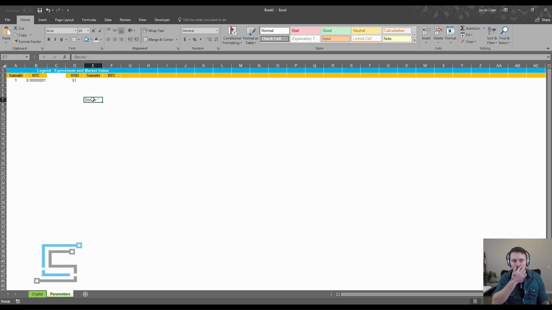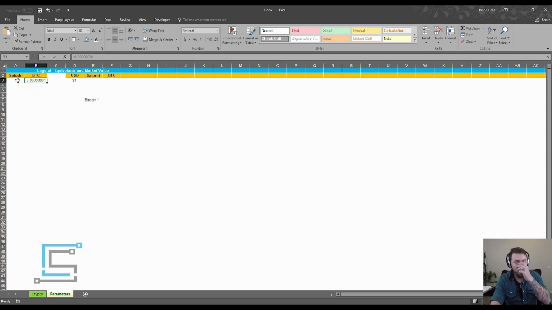We're going to need to get the Satoshi equivalent for the US dollar. So $1, how many Satoshis do we get at Bitcoin's current market price, right? So this is going to be Bitcoin times the Satoshi equivalent of Bitcoin. So that's going to be times this right here, okay?